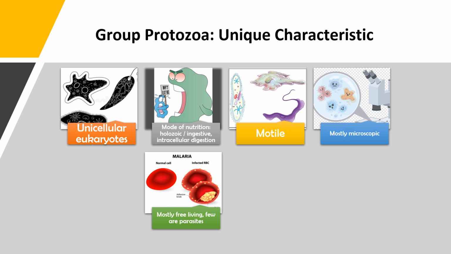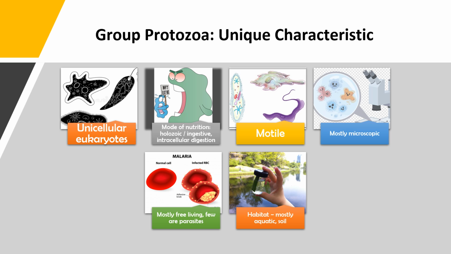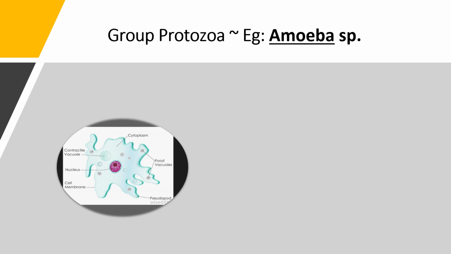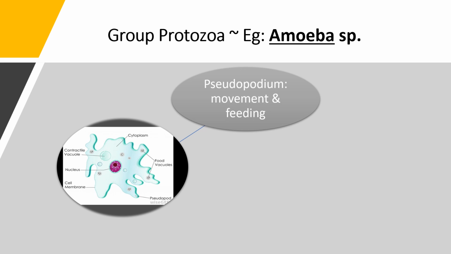But other than plasmodium, most protozoa are free living, meaning that they don't need a host. And then most protozoa depend on water, living in aquatic or soil environments. An example of protozoa is amoeba. So these are some features of amoeba.